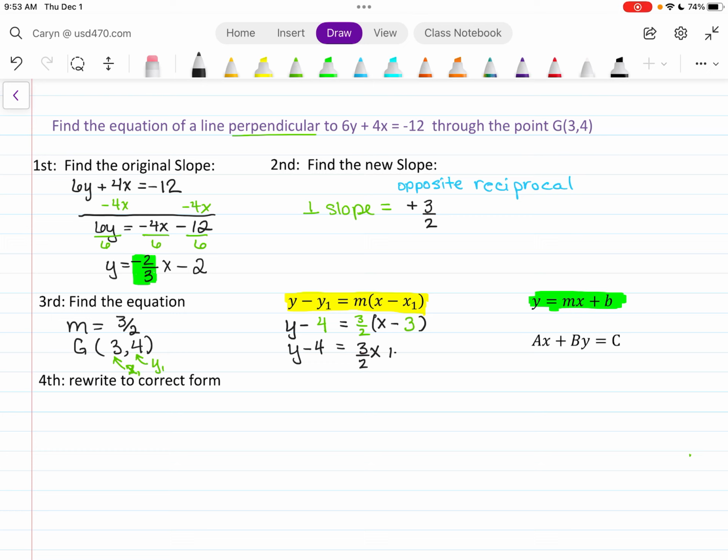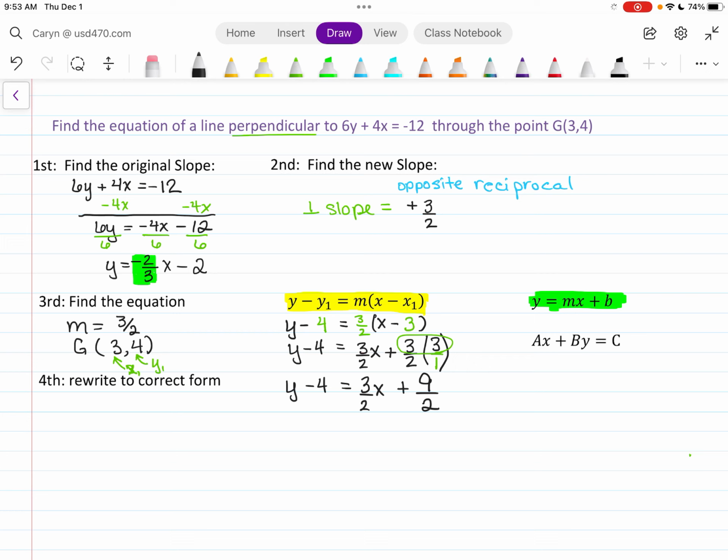We're going to multiply this times my 3. Now, to multiply, I just need to multiply straight across. So y minus 4 equals 3/2 x plus 9/2.